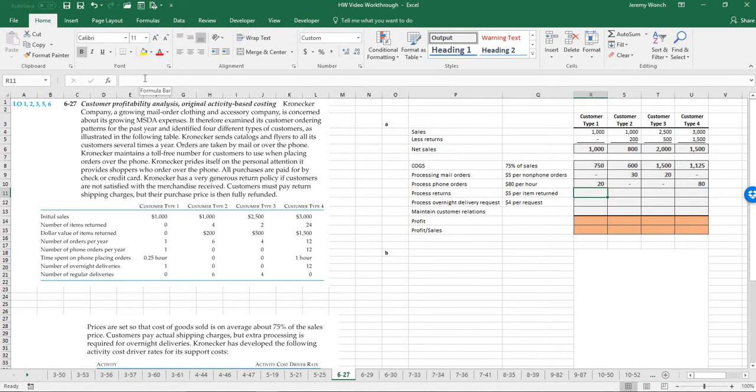Now returns. It's $5 per return. The first customer doesn't have any returns.